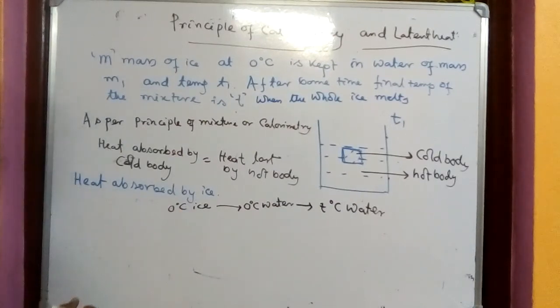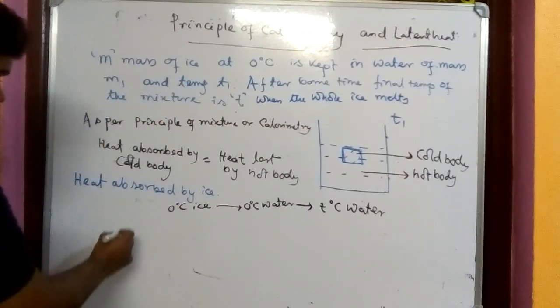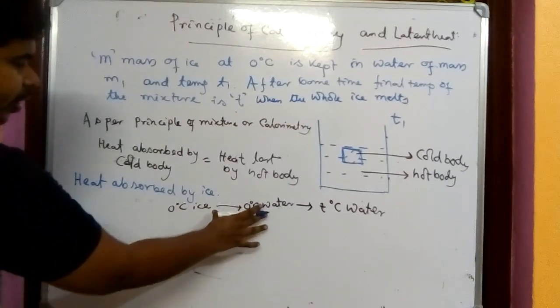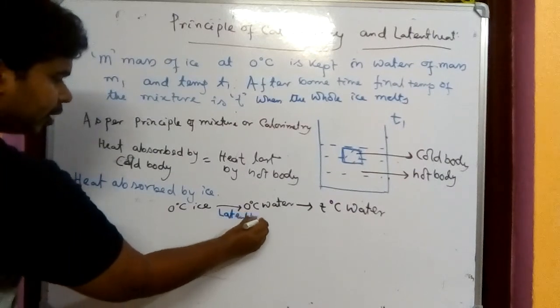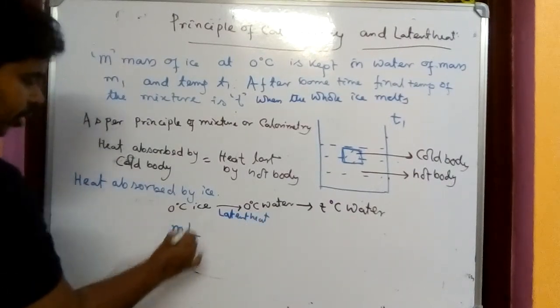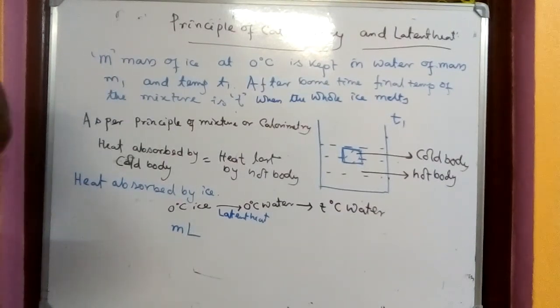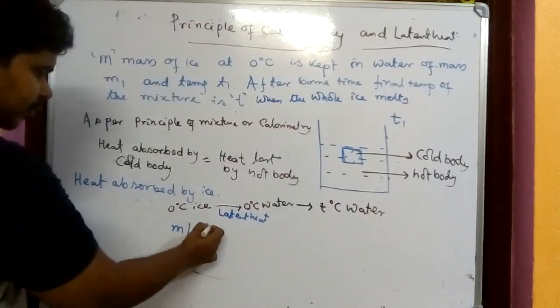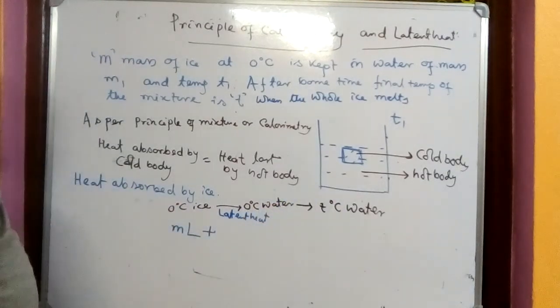Now, 0 degree centigrade ice to 0 degree centigrade water, for m mass of ice. It is clear that here heat energy is needed, that is the latent heat. So latent heat equals how much? Mass into specific latent heat. Let the specific latent heat be L. So m into L, plus for 0 degree centigrade water to T degree centigrade water.